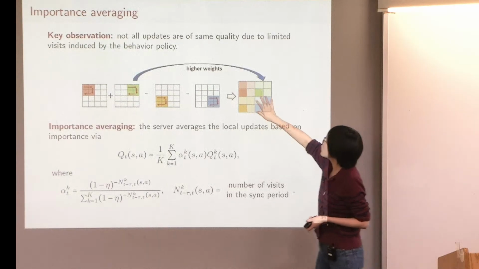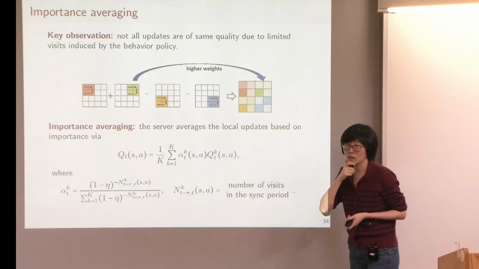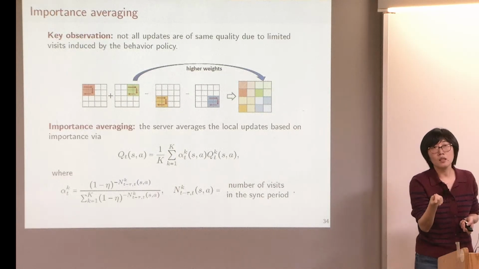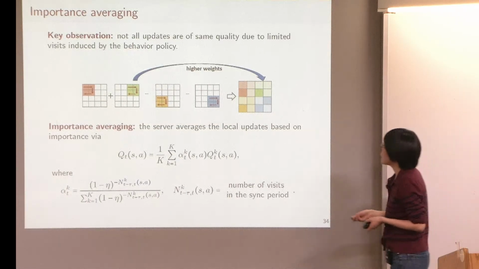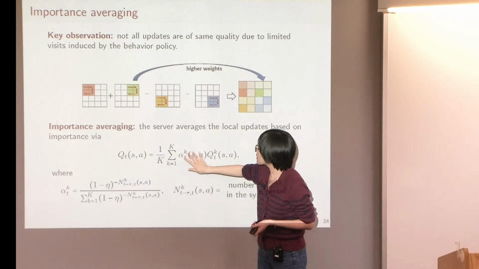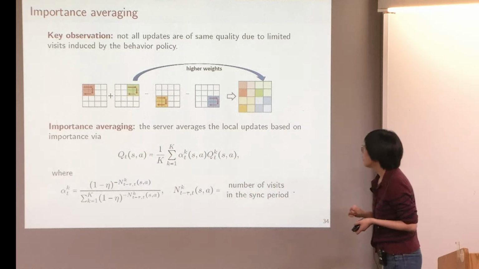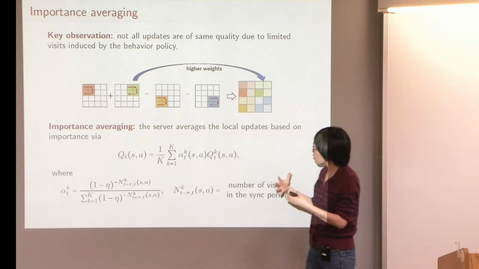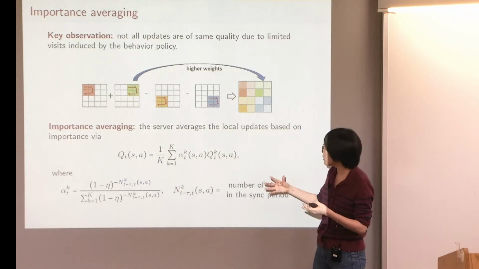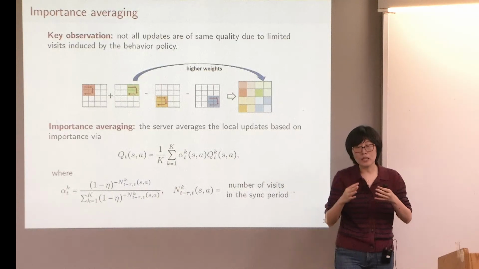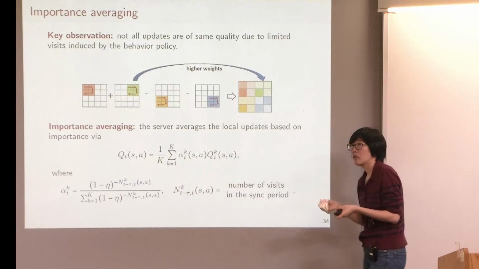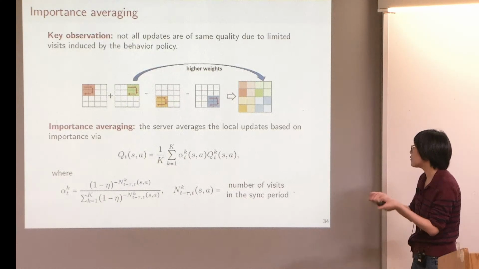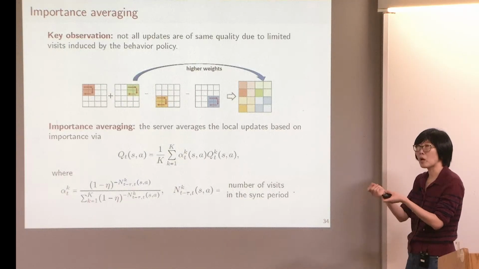So intuitively, we shouldn't be doing equal averaging. We should be assigning higher weights to agents that have better ideas about those particular parts of the environment. So intuitively, what you should be doing is some kind of importance averaging. The formula we use in the paper is a little bit complicated like this, but essentially you assign higher weights to agents that visit those state action pairs more often.